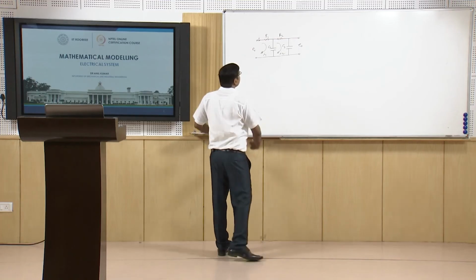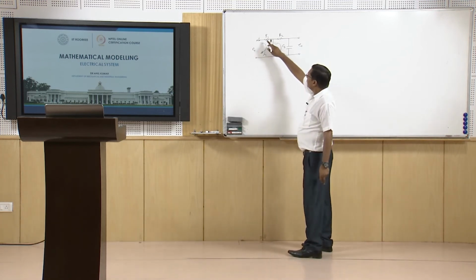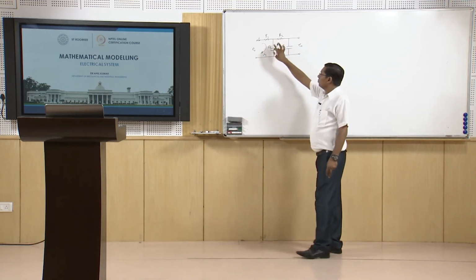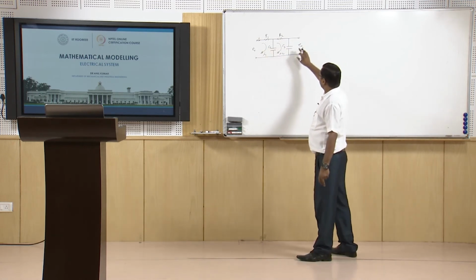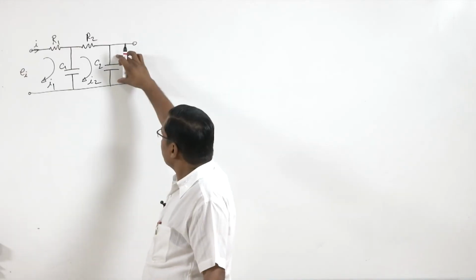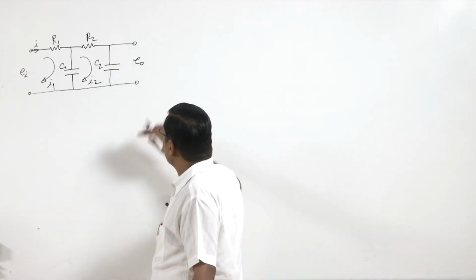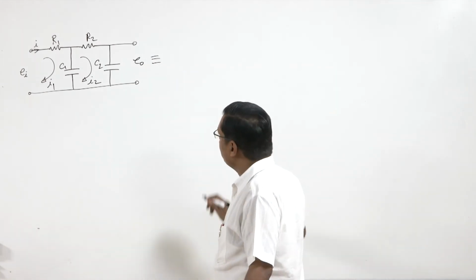Okay, so here we have R1, R2, two resistors and two capacitors. There are two loops here, and we are reading the output across this second capacitor. Now, let us represent it in the impedance form.